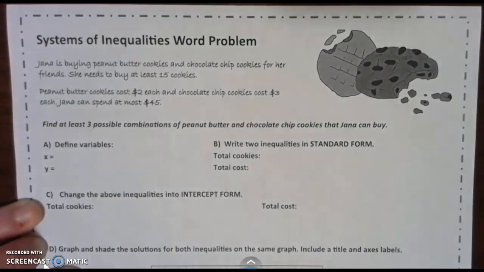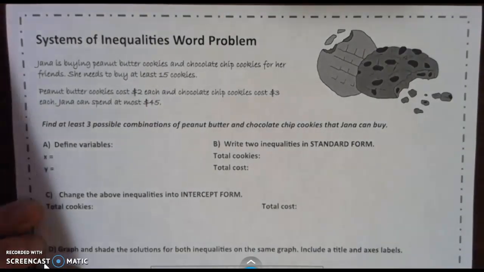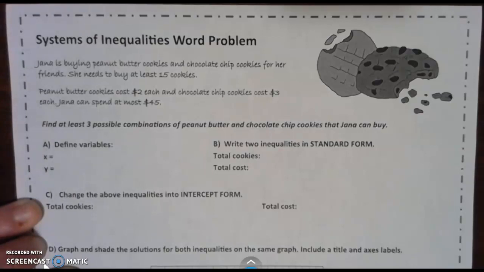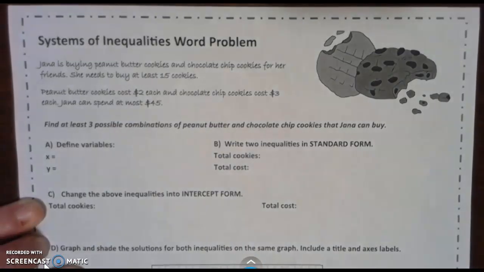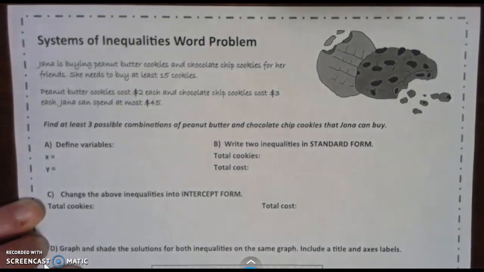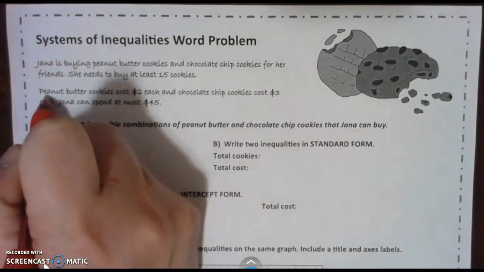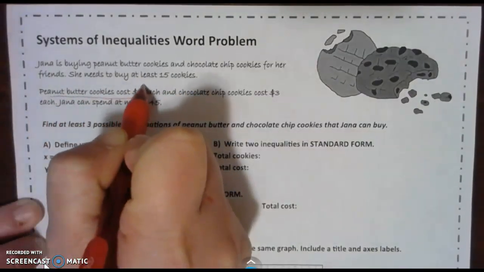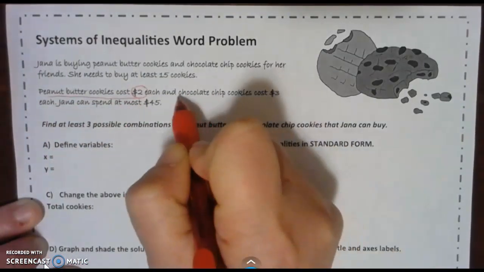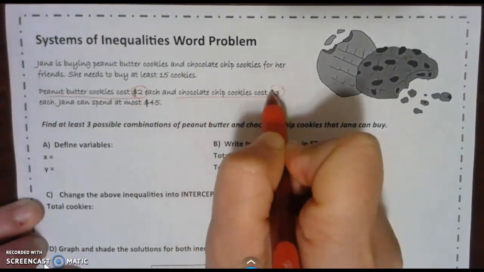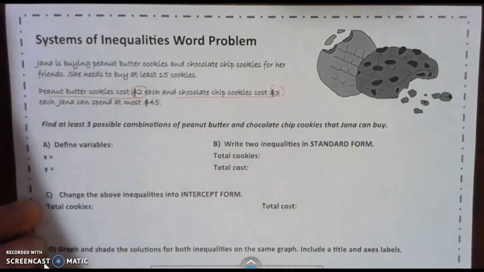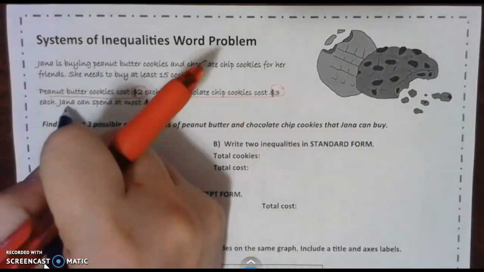The first thing we do when we see a word problem or application problem is see if we can pull it apart, because there are a whole lot of words and information, and we don't know which is important. So we're dealing with buying chocolate chip cookies and peanut butter cookies. Peanut butter cookies cost $2, chocolate chip cookies cost $3 each, and Jana can spend at most $45.